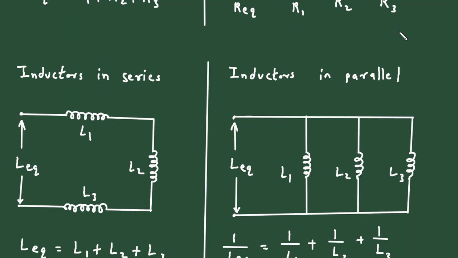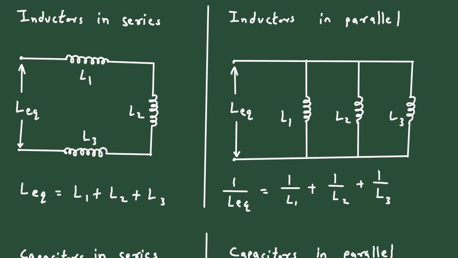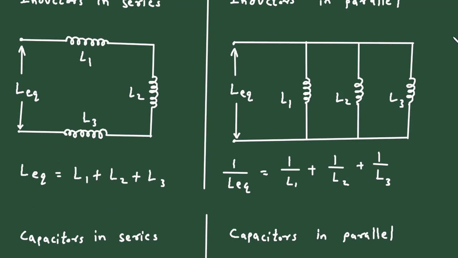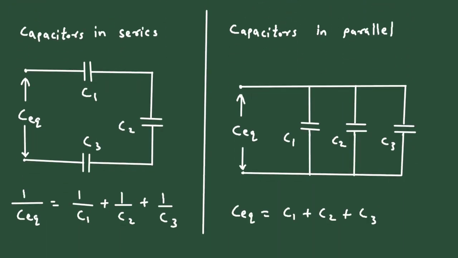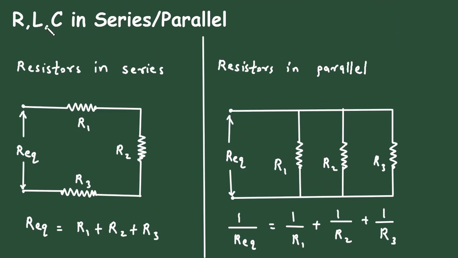Similarly, for inductors and resistors, same formula we use, but for capacitors, when they are connected in series, that time we have to take reciprocal of this and then add it. And when capacitors are connected in parallel, that time we have to add them directly. So this is about RLC in series and in parallel.